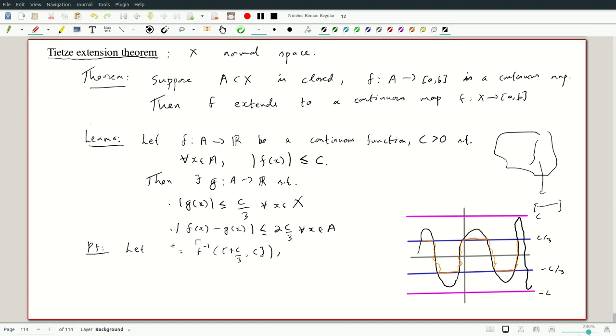Let's call them K plus and K minus, K and L or something like that, the upper set and the lower set. Let K be this. L equals F inverse of, we go from minus C to minus C by 3. L is this. So these are the sets, and K and L are closed.